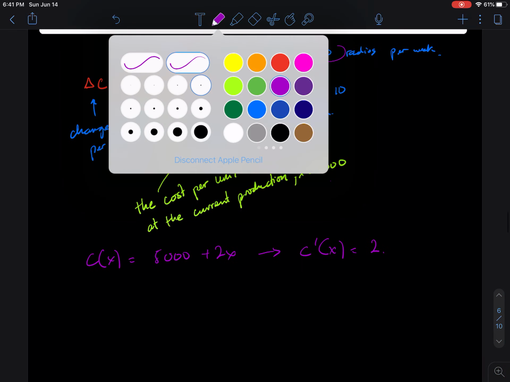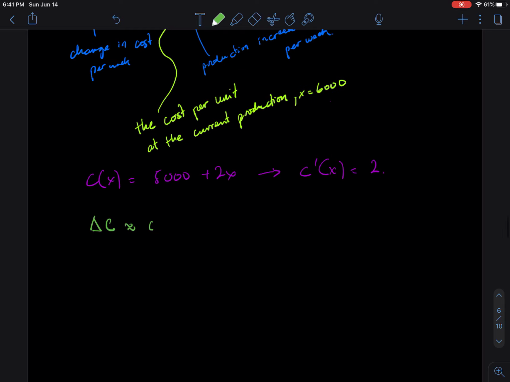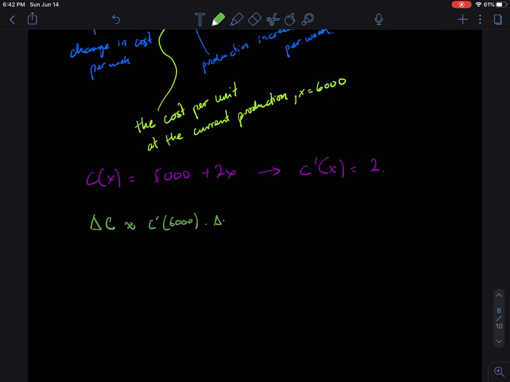So the change in cost can be approximated by C prime at the current level of 6,000 times delta x, and delta x in this case is 10.